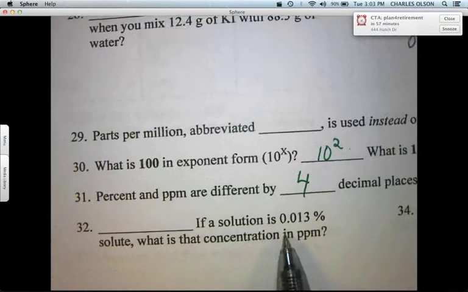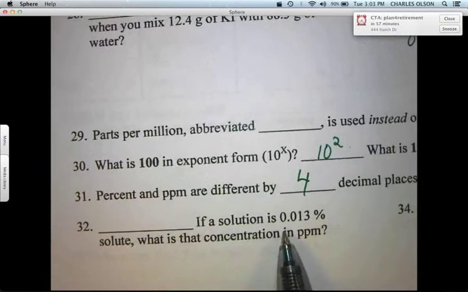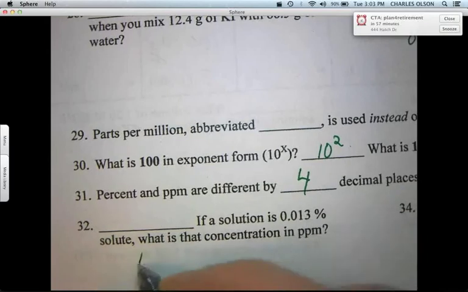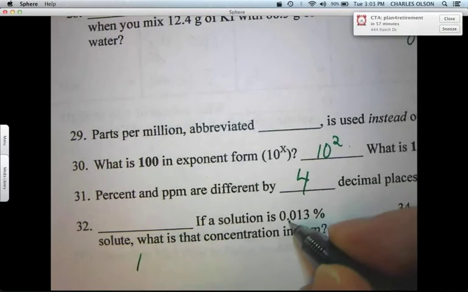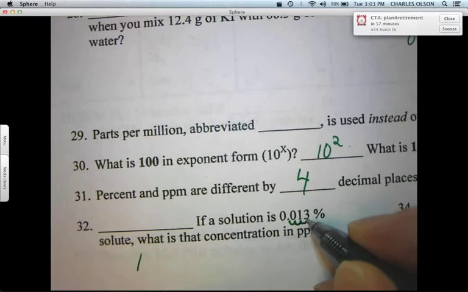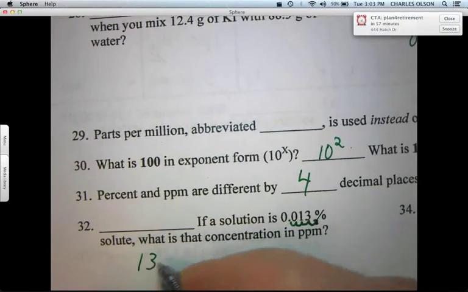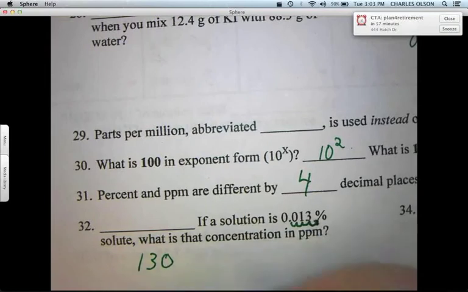So the percentage is going to be the number of ppm. We just need to move this 4 places in the right direction. Let me draw that. 1, 2, 3, and one more, 4. So that would be 130 parts per million.